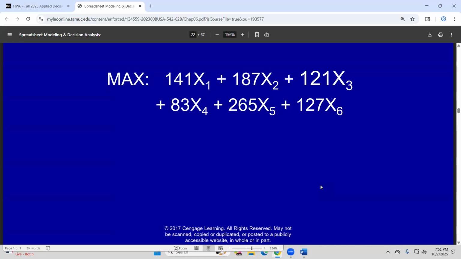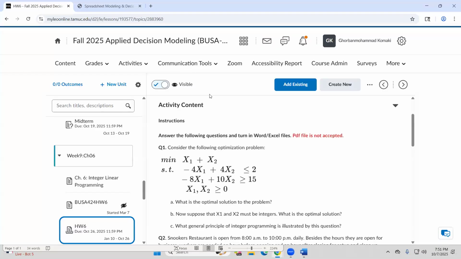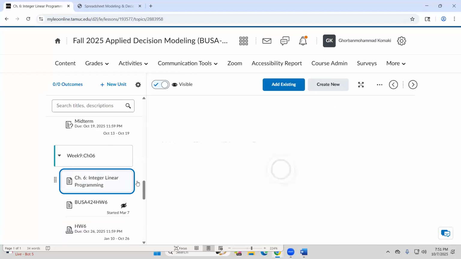X1, x4, x4. So those are the ones that you pick, and the rest you don't. Right? Now, these binaries are very useful for modeling, right? So I want to show you some brain teaser.